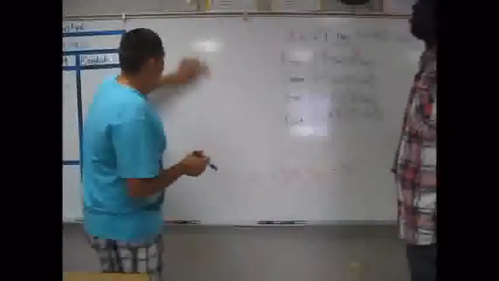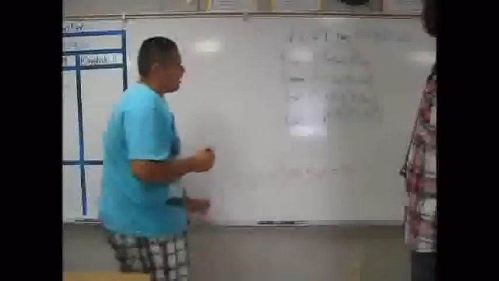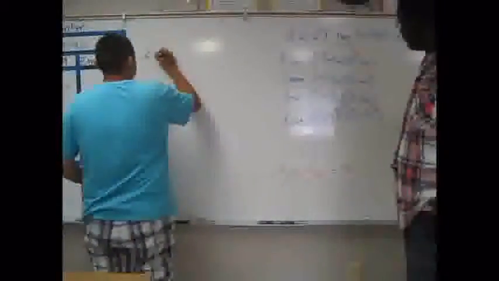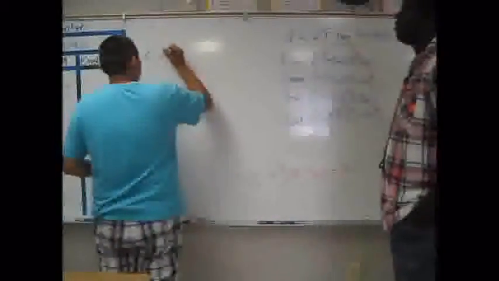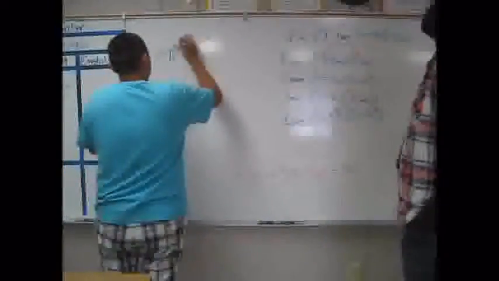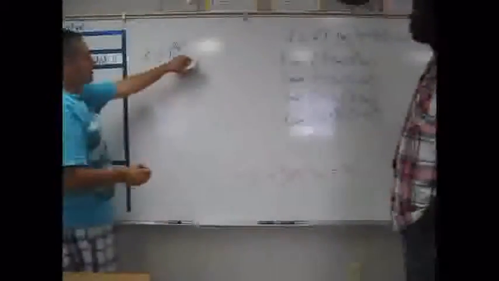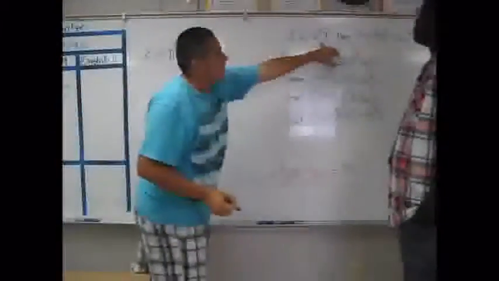Alright, and now that we have what our equation is, we can solve for what i squared is equal to. Since we know that i is equal to the square root of -1, i squared is going to equal (-1)^(1/2) squared. The reason we have 1/2 is because the square root of anything is the same as raising it to the 1/2. So this is the same thing as this.